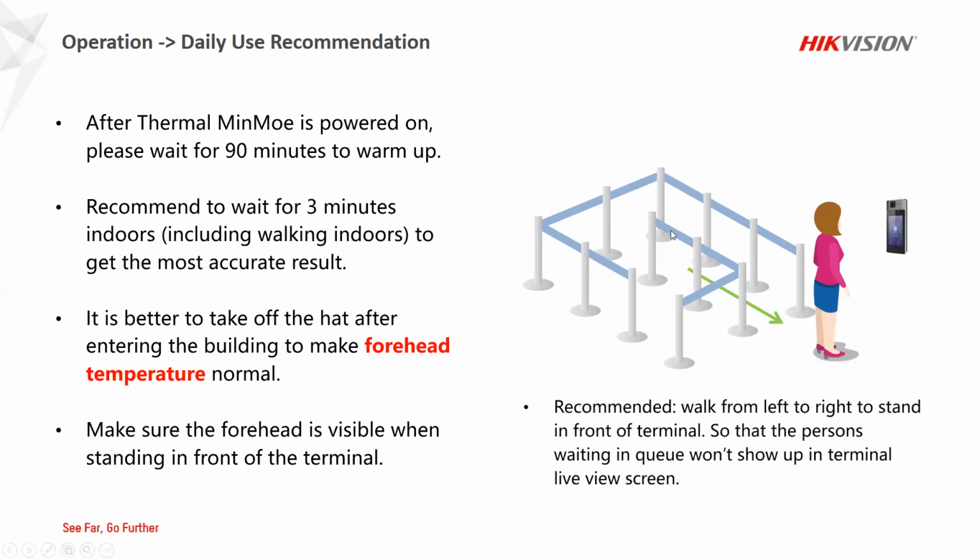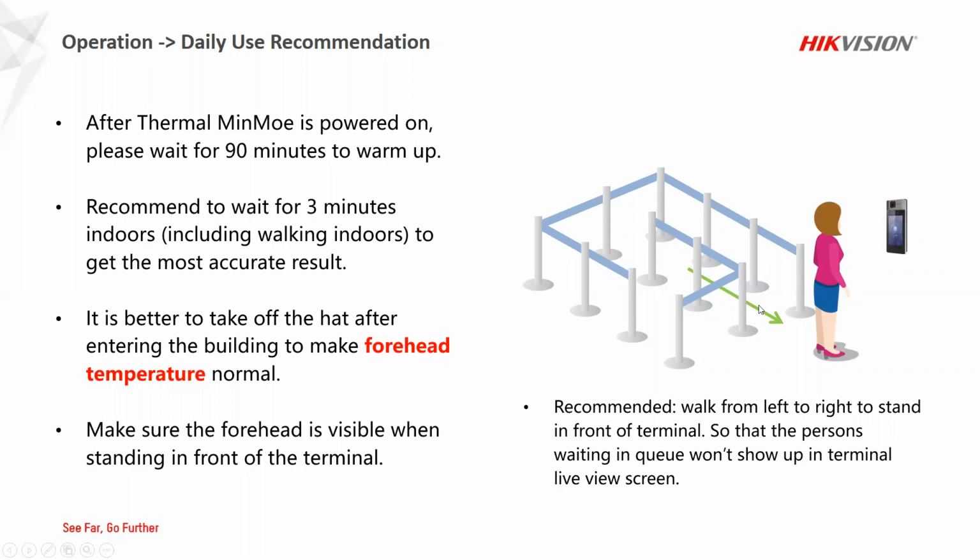So this actually gives you a recommended route to present yourself in front of the thermal MIMO, because in a scenario where there are a lot of people in a queue, the thermal MIMO has a quite wide FOV, and we don't want other people to affect the reading of the person in front of it. So this is purely our recommendation.